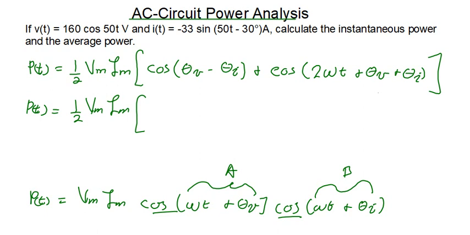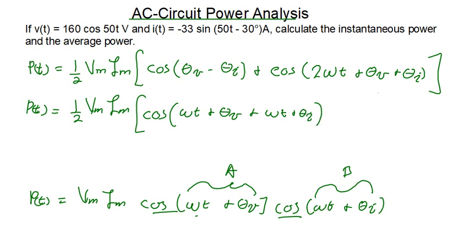Okay, so this part is your A, that is your B. So you're going to say your cos, remember we said A plus B, so this is simply our A is omega t plus the phase angle of the voltage, plus B, and our B is omega t plus the phase angle of the current.